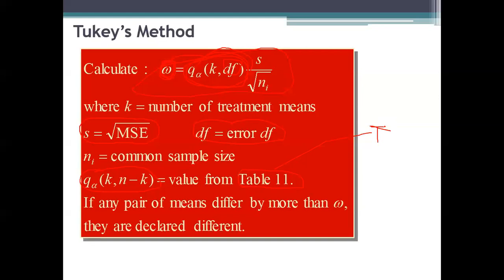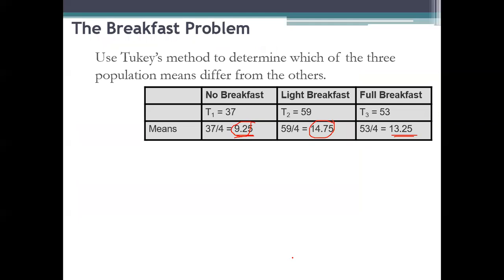If we extend our analysis using Tukey's method, we can assume that if any pair of means differ by more than omega, they are declared different. This is the further analysis based on the breakfast example. Use the Tukey method to determine which of the three population means differ from the others.